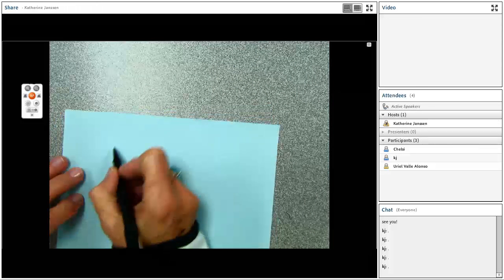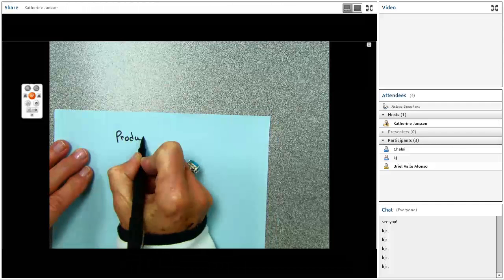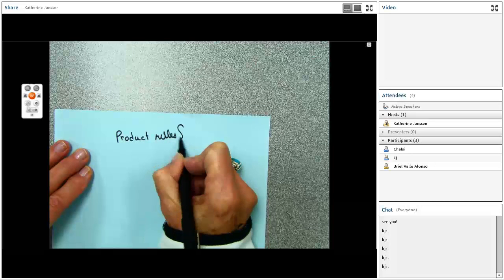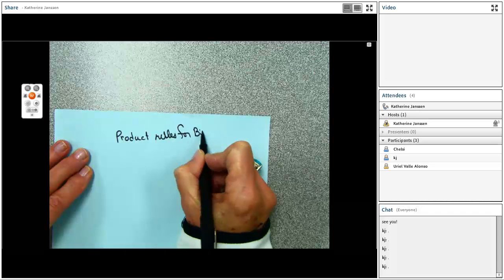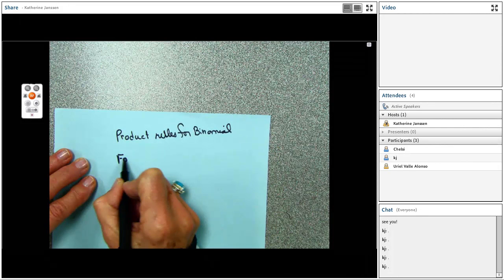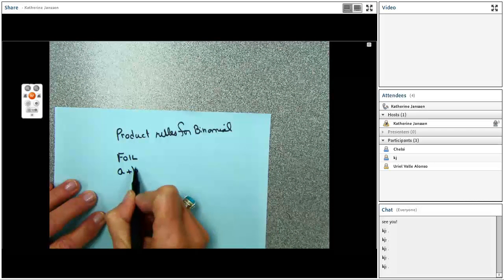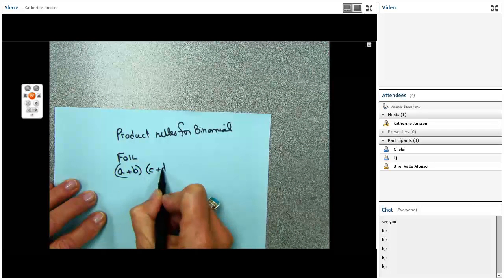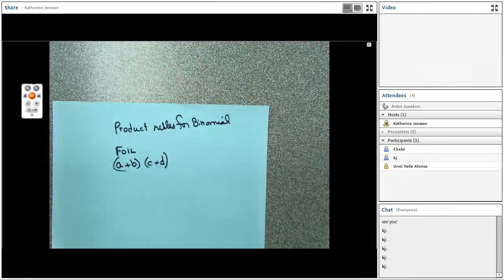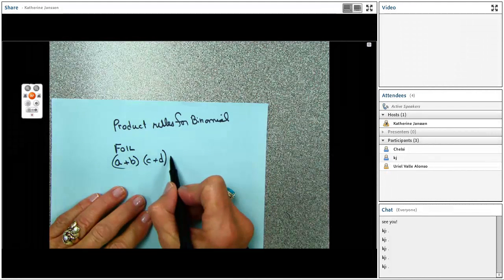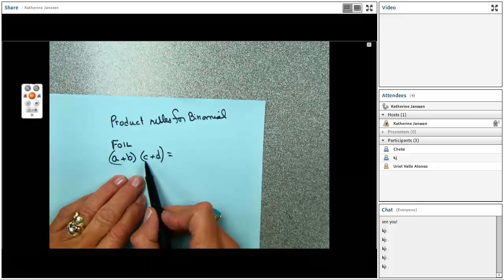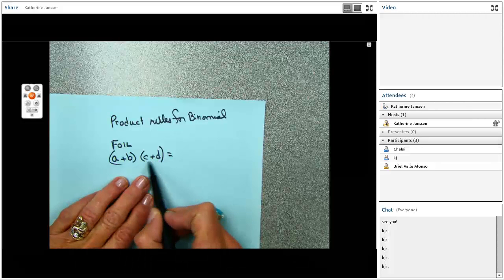So our special product rules for a binomial times a binomial, we can use FOIL, and that's A plus B times the quantity C plus D. A is a term, B is a term in the first polynomial, C is a term, D is a term in the second polynomial.